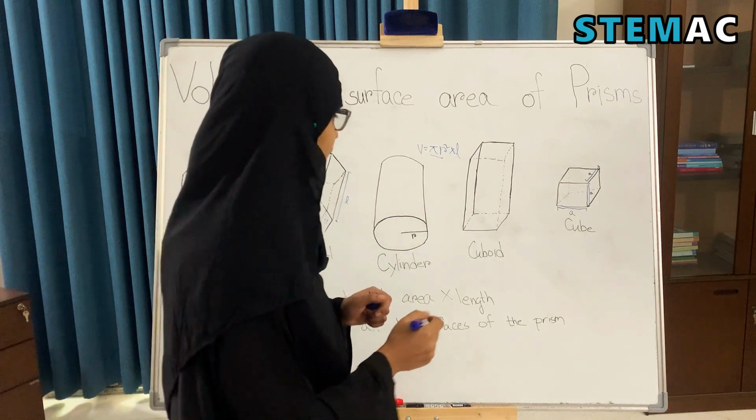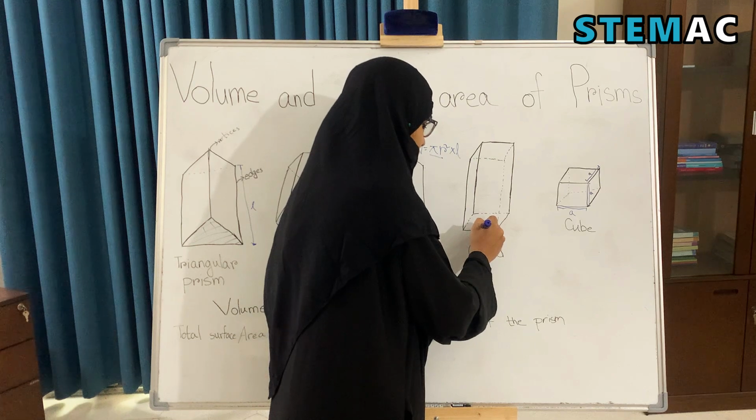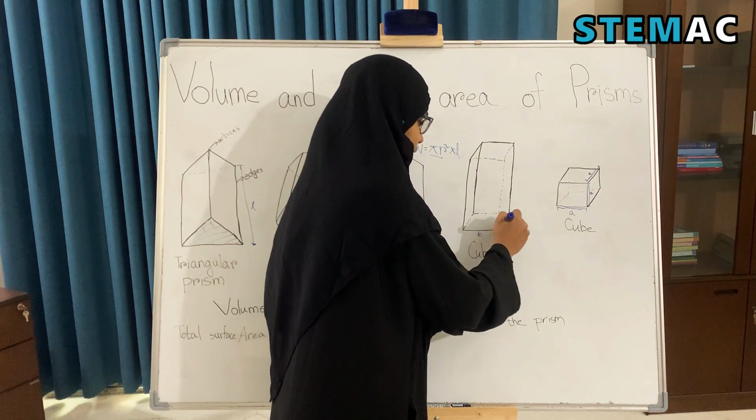For a cuboid, let's say this is the breadth of the rectangle.